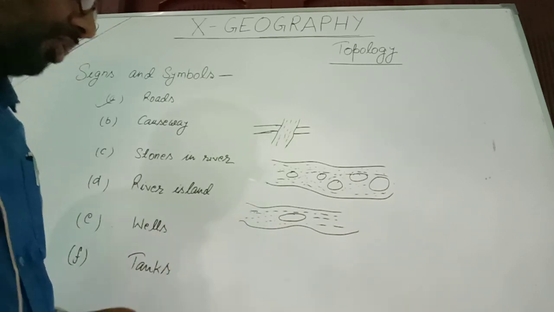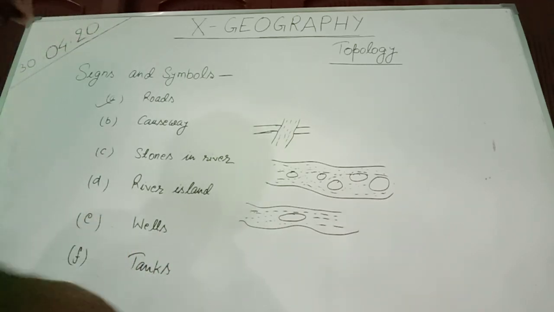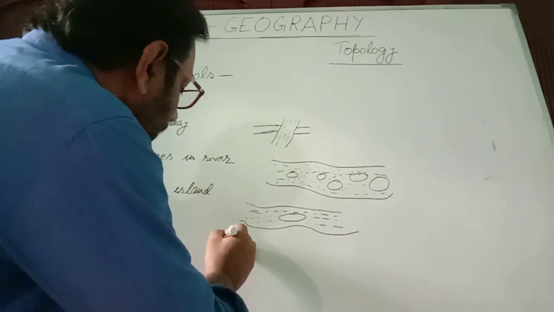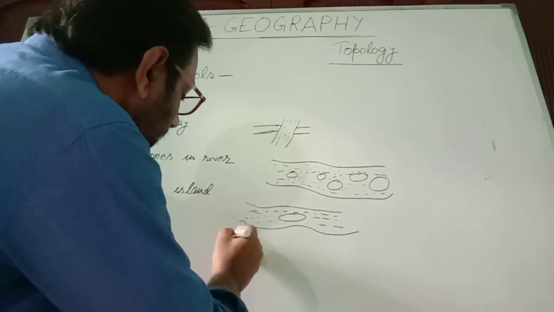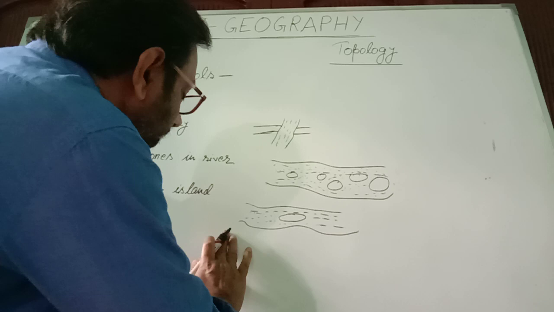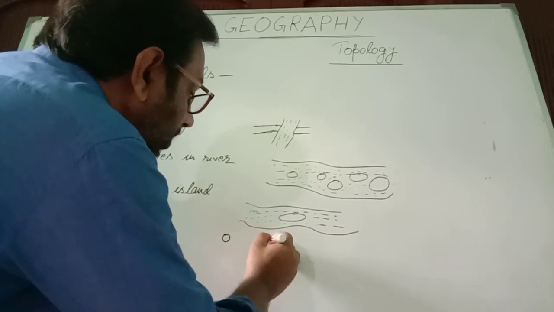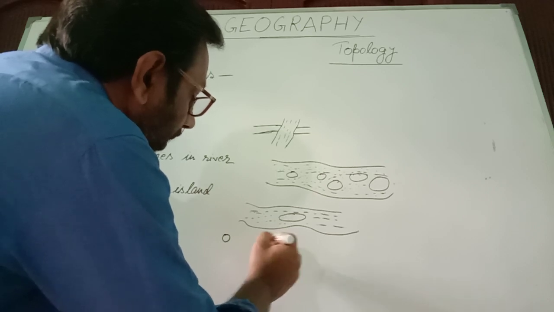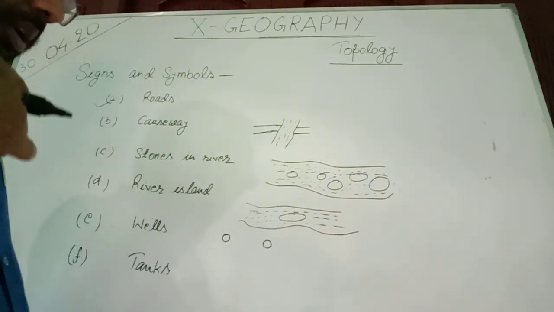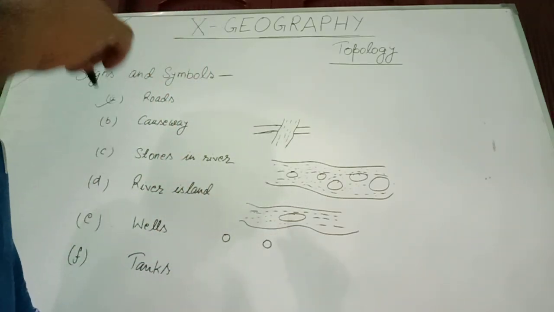Now we come to wells. There are two kinds of wells. If you find these small circles, they represent wells. There are two kinds of well, dry well and perennial well.